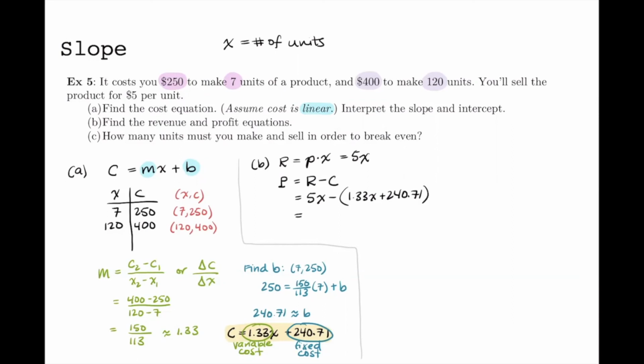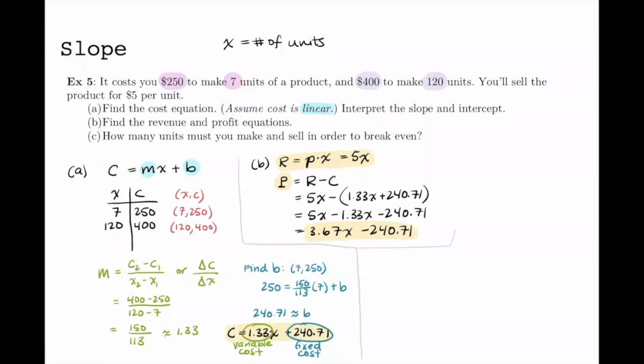Then we can distribute the negative sign into the cost just to simplify this a little bit. Then we see that we have some like terms that we can combine together. We've got 5x minus 1.33x, and so that gives us 3.67x minus 240.71. So here's our revenue equation, and then here is our profit equation.